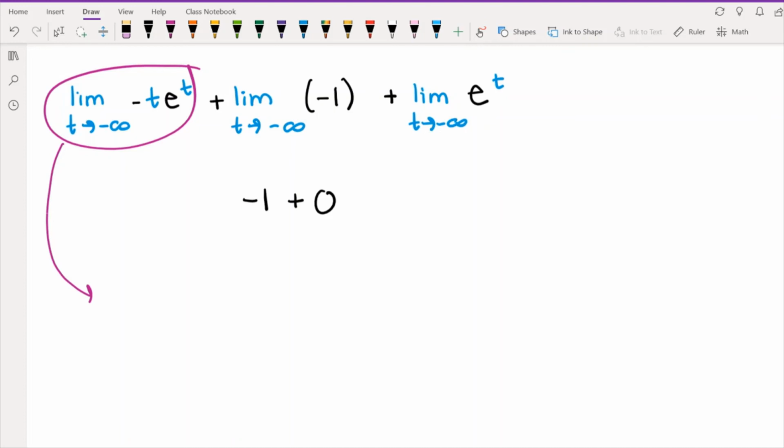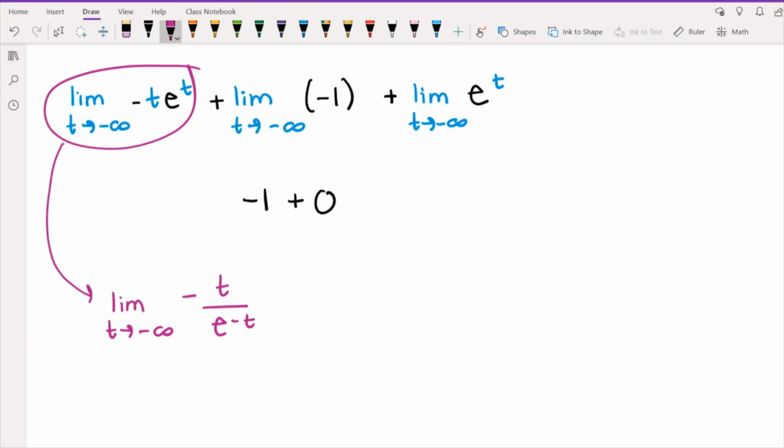And so infinity times 0 is another type of indeterminate limit. Basically we want to rewrite this as a quotient so that we can apply L'Hopital's rule. So let's rewrite this as the limit as t approaches negative infinity of negative t over e to the negative t. Right, because that's exactly the same as what we had there.